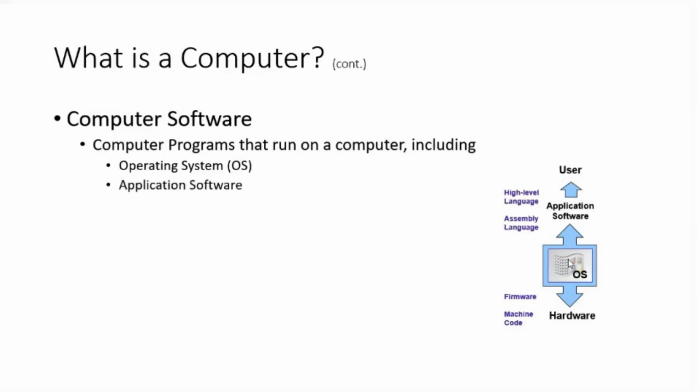Then there is another type of software, that is application software. Application softwares are specific softwares. Operating systems are general softwares required to make your system work. Application softwares are used for specific purposes, like Microsoft Word, which is used only for creating documents.